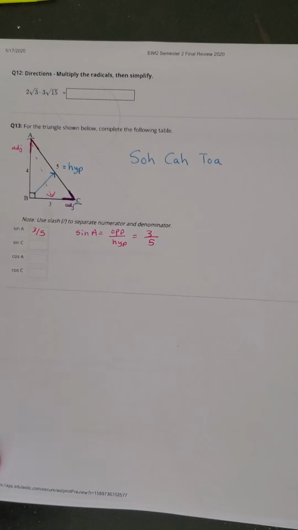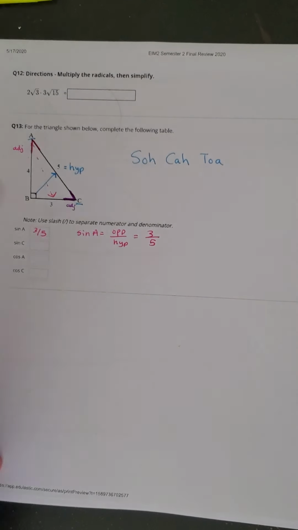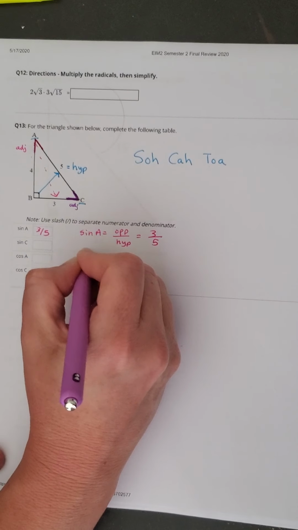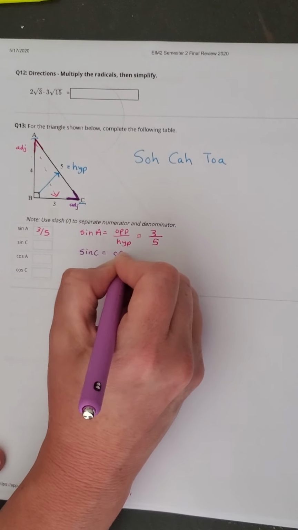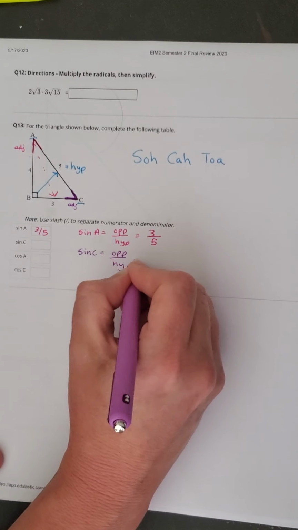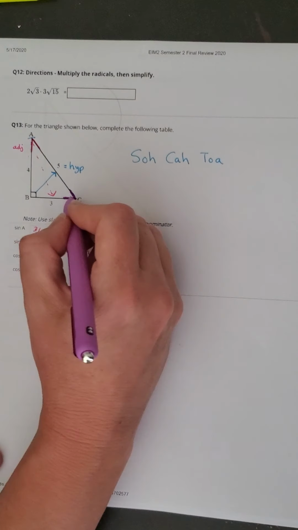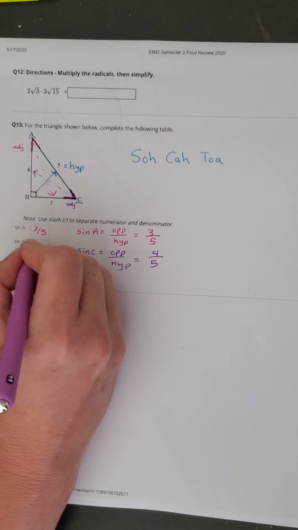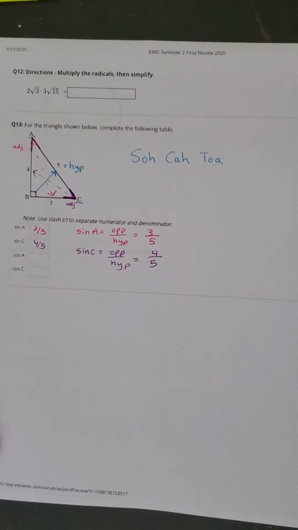Okay, the next one, sine C. Well, now if I'm standing at C, opposite of C, so sine C, is still opposite over hypotenuse. So my hypotenuse is still 5, but opposite from C is over here, it would be 4. So 4 over 5.